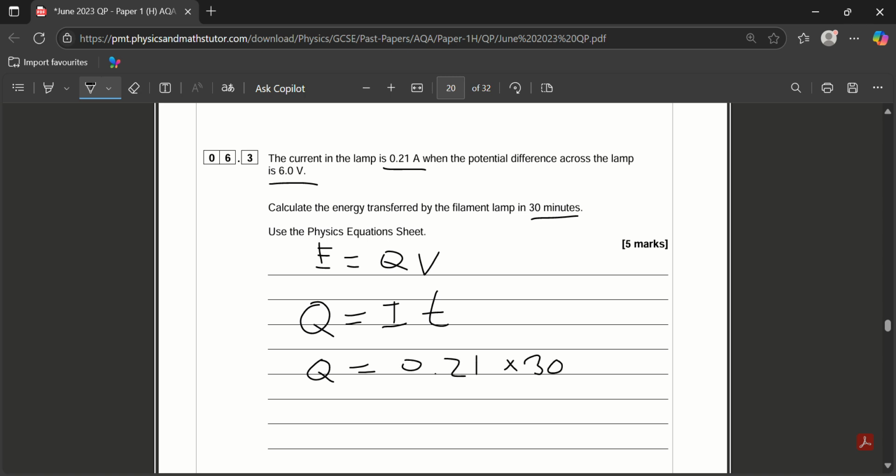0.21 times 30 times 60 to get that in seconds, 60 seconds in a minute. Therefore, Q is going to turn up as 378 coulombs.